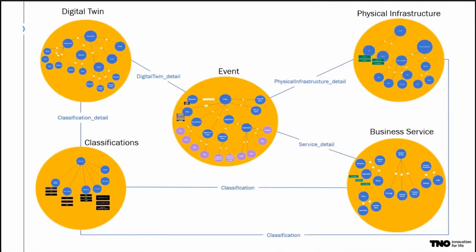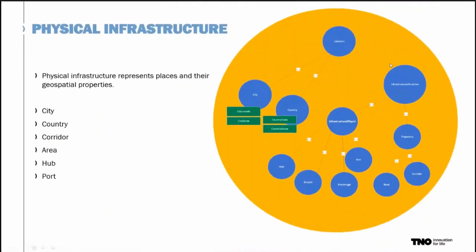And here, as an example, I'll zoom in on the physical infrastructure. Because then you can see several of the concepts that are in such a module. In this module, for example, we consider infrastructural objects such as a port, anchorage, airport, and a hub.